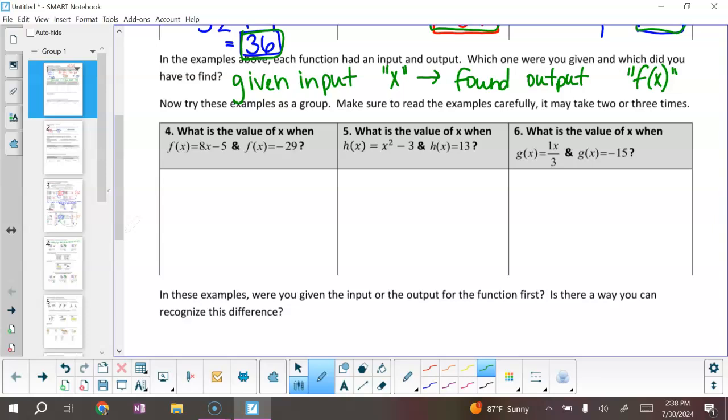Sometimes they want us to solve for maybe what we had put in, depending on what the notation is providing us with, okay? So before we even get started here, I want you guys to just look at these three, 4, 5, and 6. I want you to look at maybe what they're providing us with, and maybe what they are asking us to find. So I want you just to kind of think about that, maybe brainstorm what you think is happening here.